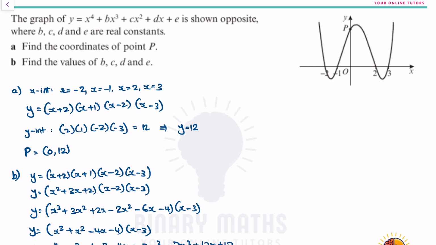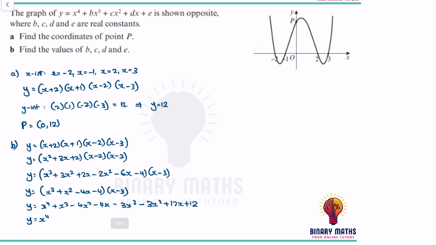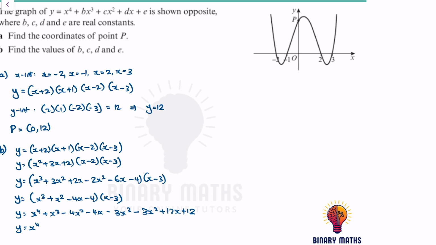If I simplify this, I get x to the power of 4 minus 2x cubed, minus 4x squared minus 3x squared gives you minus 7x squared, minus 4x plus 12x is plus 8x, and then plus 12.